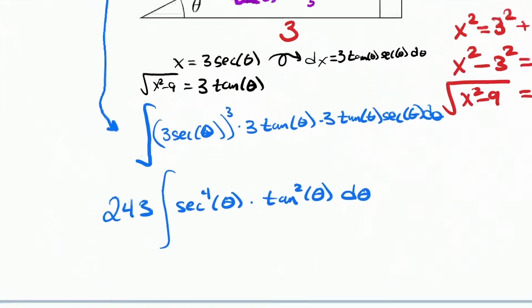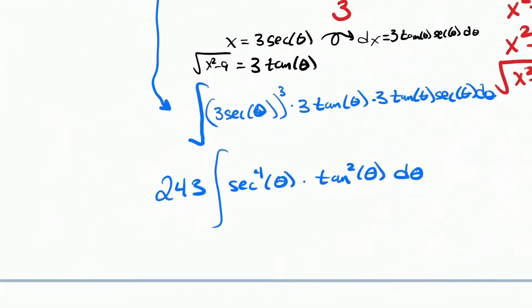So in keeping with our understanding of how to do trig functions like this, since there are an even number of secants, the right move to do is to take 2 of those and move them over so that they're with the d theta. So I guess I'll do that. Secant squared.